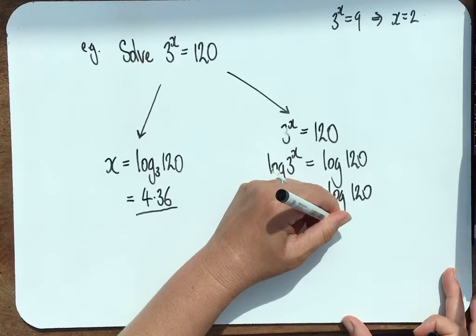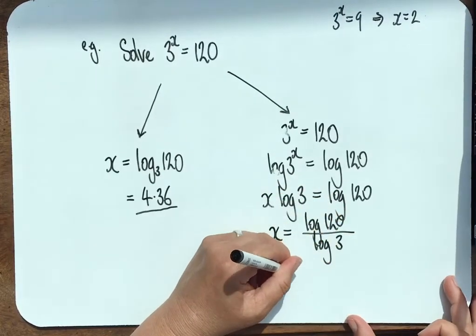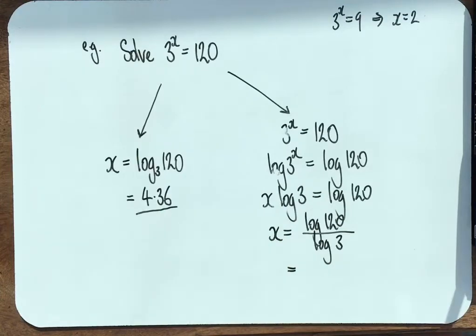So log of 120 is a number, and so is log of 3. And then you can pop that into your calculator.